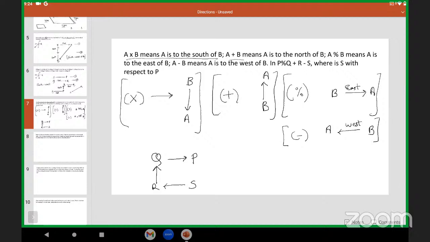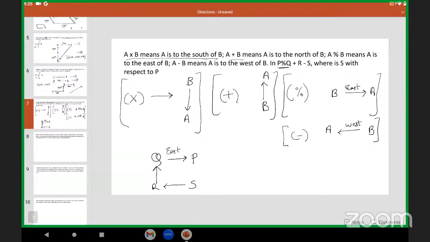So the first statement was p percent q, which means a is to the east of b. That means p is to the east of q.